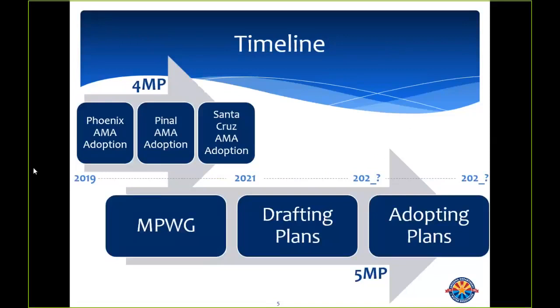So we're right at the beginning here. We are right at the beginning of what we intend will be a long process of research and outreach and stakeholder input on the 5th management plan. Our first task here is data analysis, looking into the data, understanding the data we have, understanding whether we need additional data in order to better understand what our next steps for the 5th management plans might be.